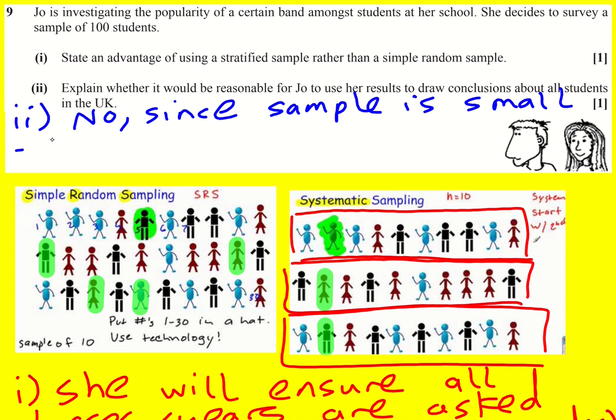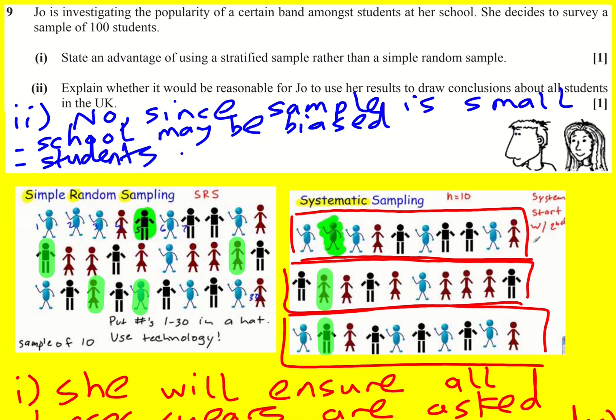So other reasons would be that the school may be biased. If you just look in one place, you're more likely to find bias. Maybe students know the band or are in the band.